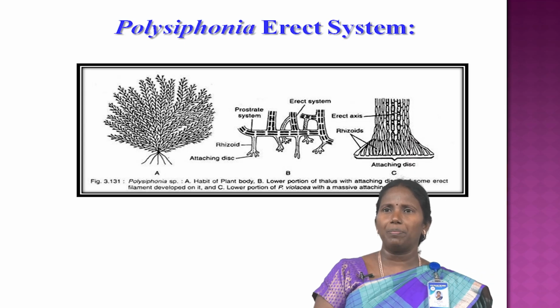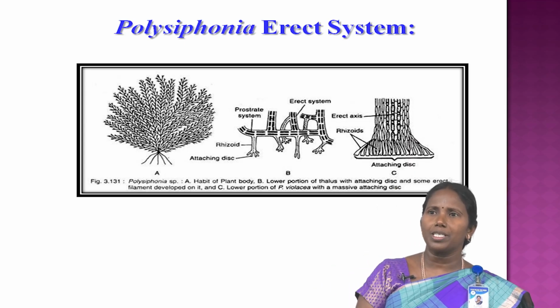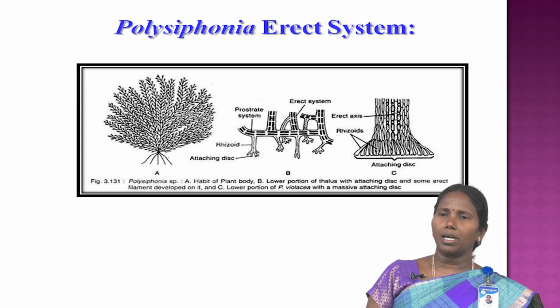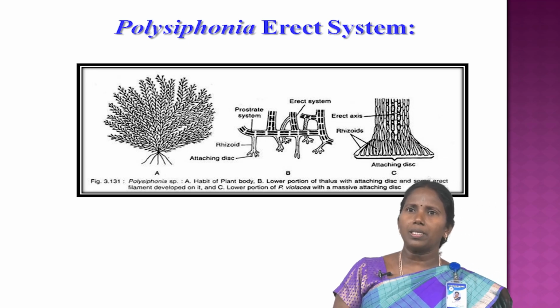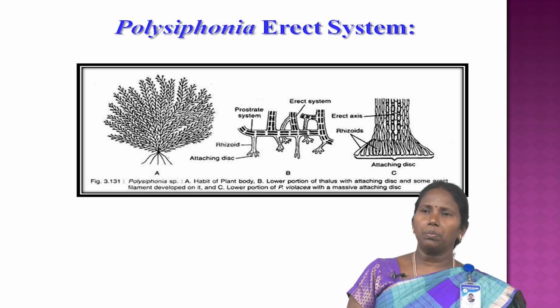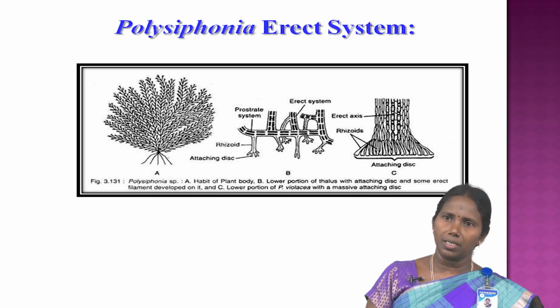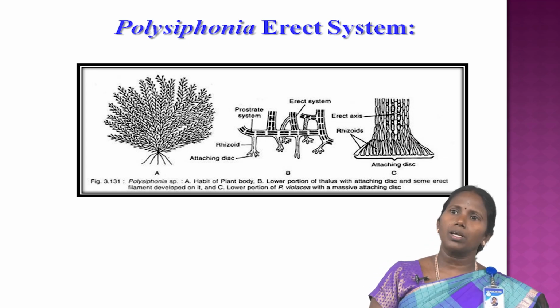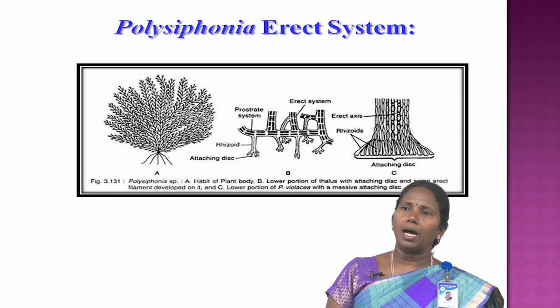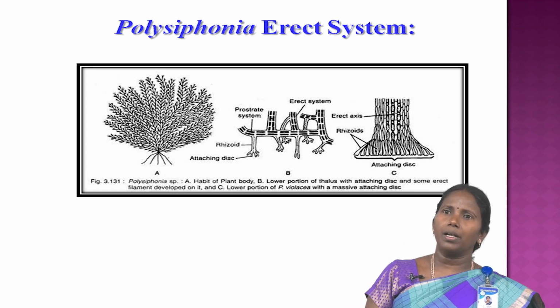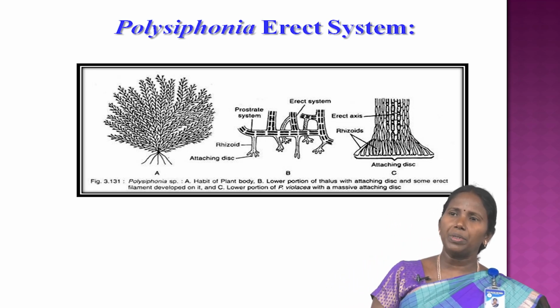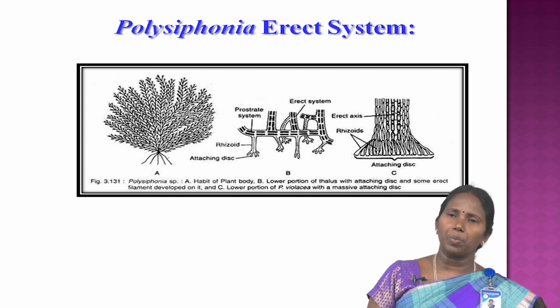The erect system filaments develop from the prostrate system. The erect system consists of a main axis and many branches. The branches are of two types, long branches and short branches. The long branches are called branches of unlimited growth, or long lateral branches, and the short branches of limited growth are called trichoblasts.